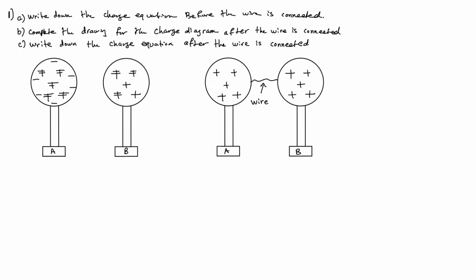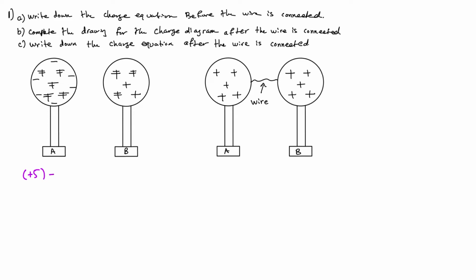Starting off, we have to write down the charge equation before the wire was connected. I'm going to write this as positive 5, because we have 1, 2, 3, 4, 5 positive charges, and I have 1, 2, 3, 4, 5, 6, 7, 8, 9, 10, 11 negative charges.